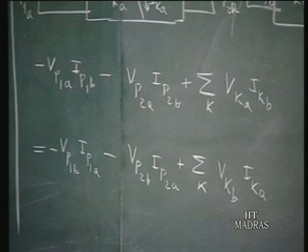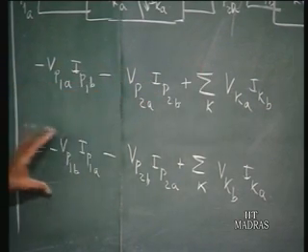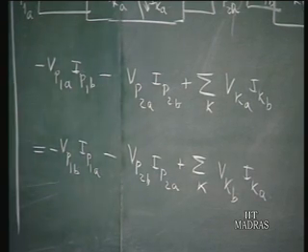So these two are equal. Of course, this whole group of terms adds up to 0, this whole group of terms adds up to 0, but that is not of interest to us. All we want to see is that these two are equivalent.